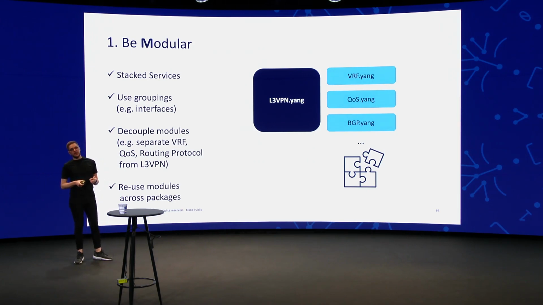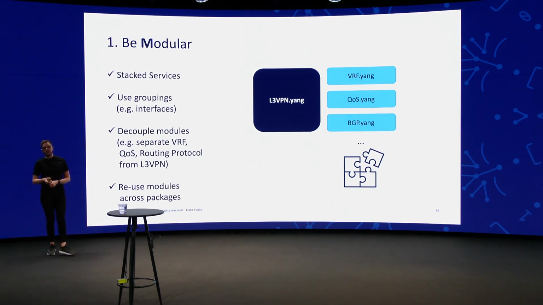And if you don't think about using the LSA architecture, you might use the groupings. Don't forget about those. If you've ever used something more than once in your model, don't do that. Just put it into the grouping and reuse across.